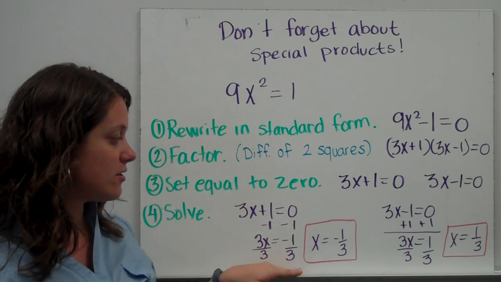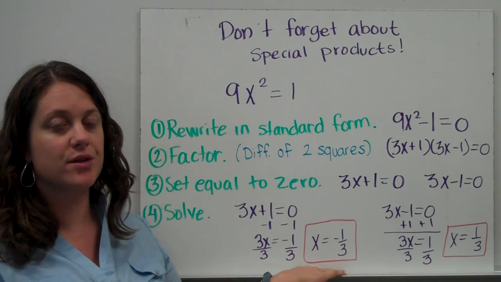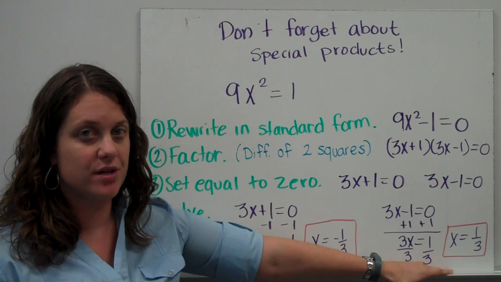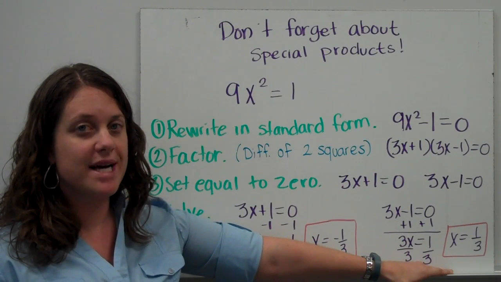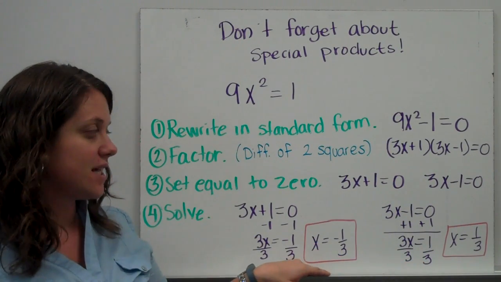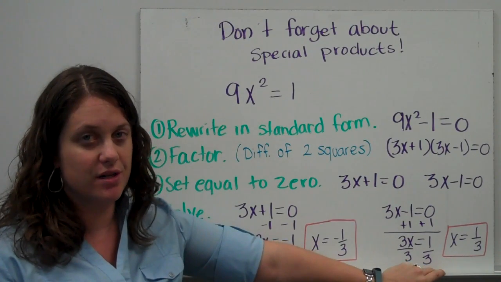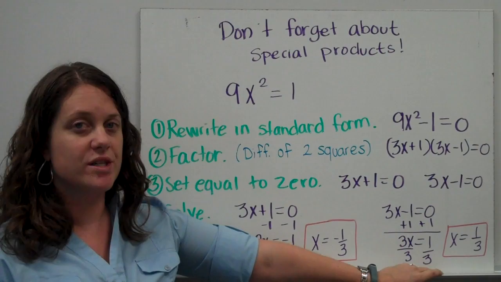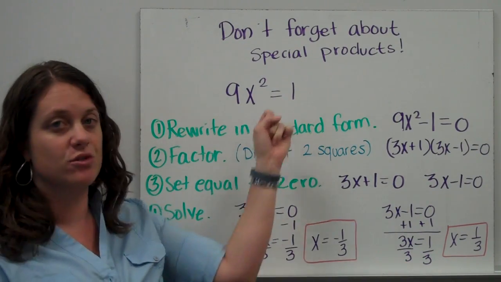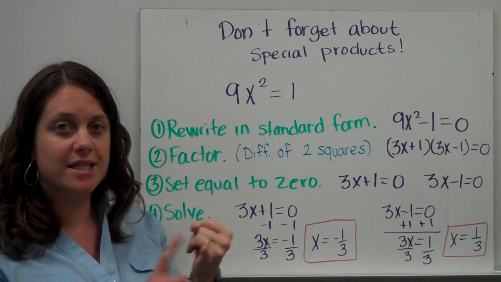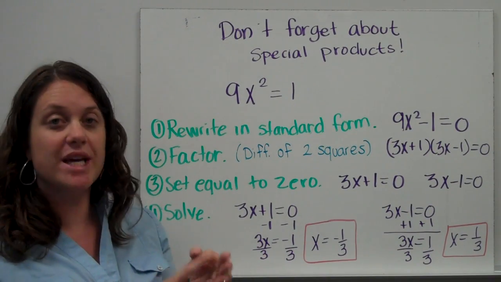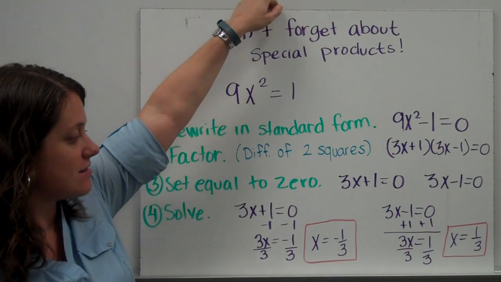So when I solved this equation, I got negative 1/3, and when I solved this equation, I got a positive 1/3. So the two x-intercepts are negative 1/3 and positive 1/3, which are also the zeros of this equation, which are also the solutions to this quadratic equation. Okay, so x-intercepts, zeros, solutions. Those three words are synonymous.